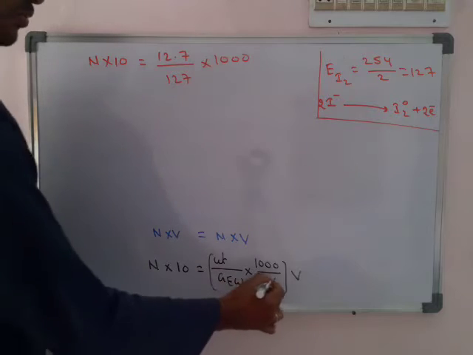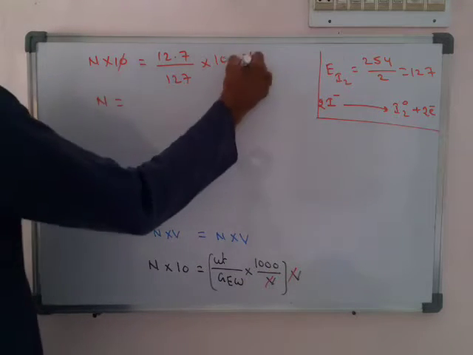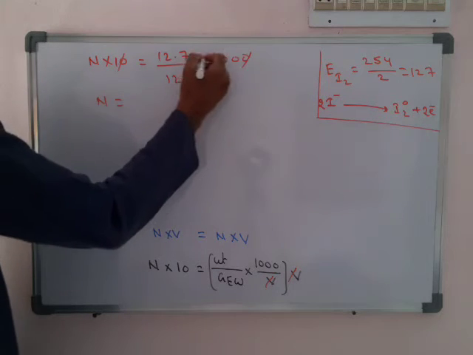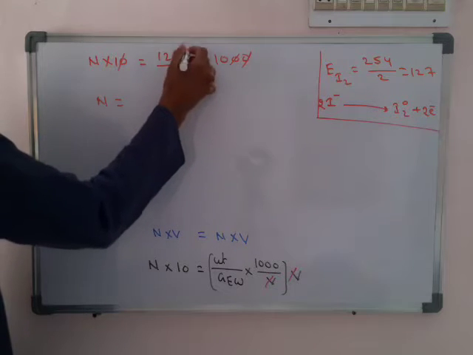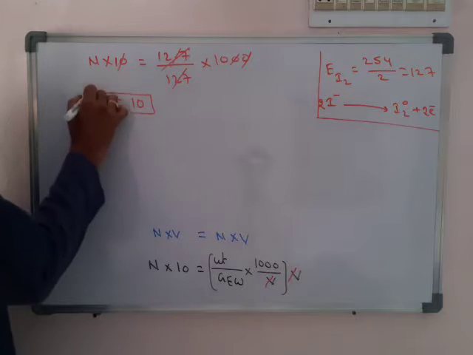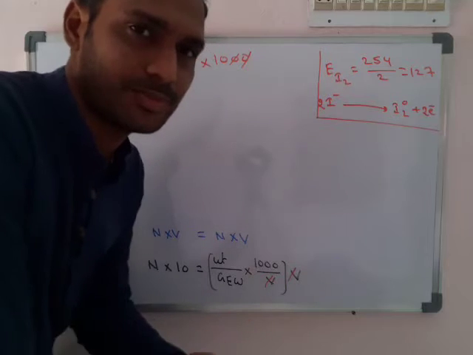Into 1000, so we get cancellation. Therefore, the normality also cancels, and the total normality becomes 10. This means the normality of hydrogen peroxide is 10.